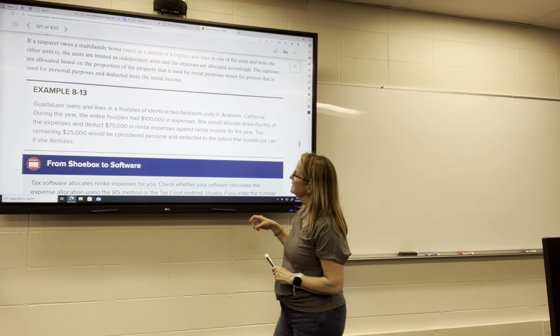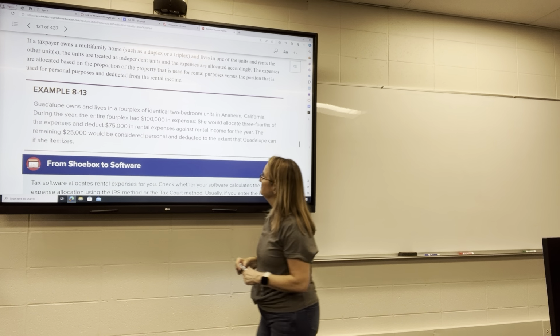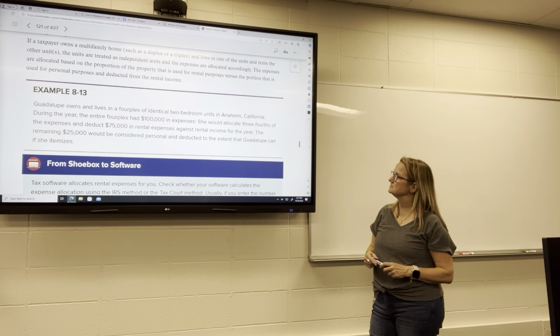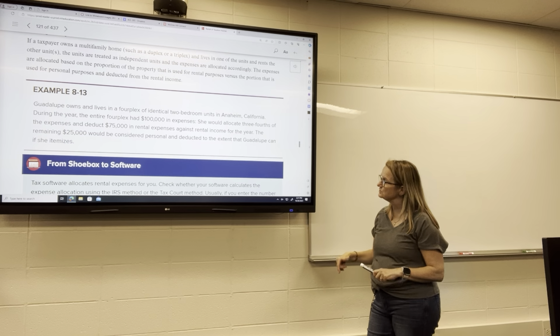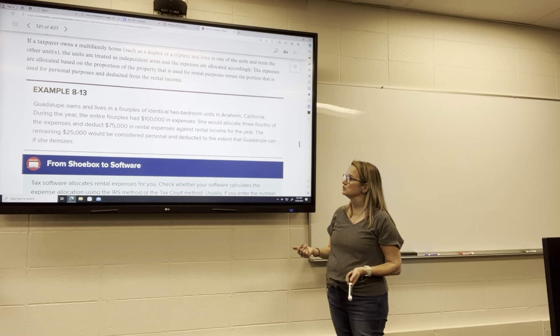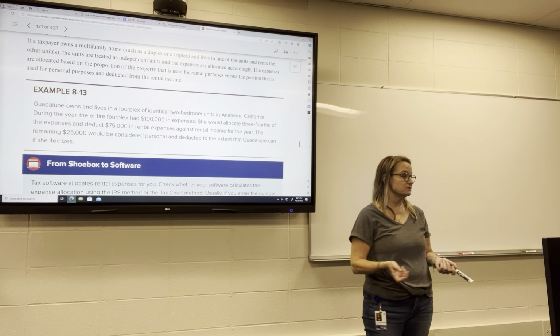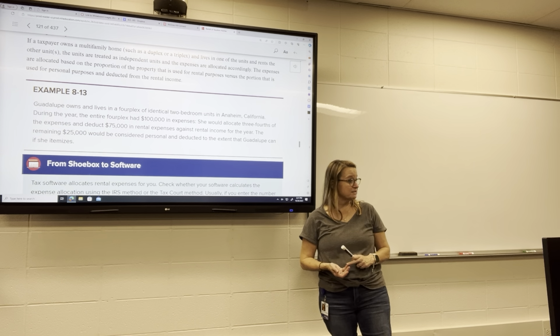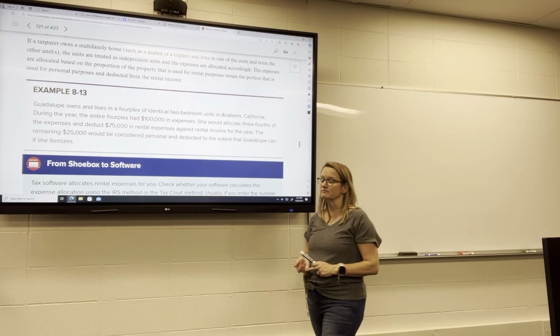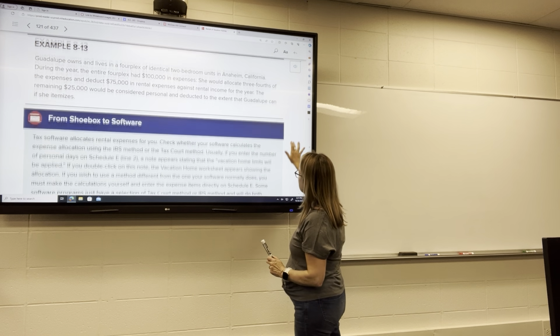She gets to deduct $75,000 of the rental expenses against rental income. The remaining $25,000 would be considered personal and deducted to the extent that she can take it if she itemizes. So if it's mortgage interest or property taxes, she might be able to take some of that if she itemizes her deductions. But if not, she's not gonna be able to take the rest of that.